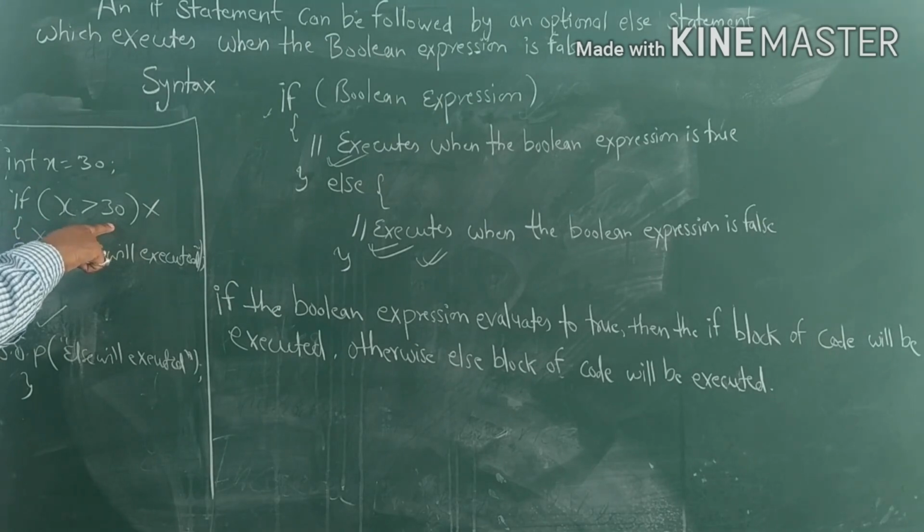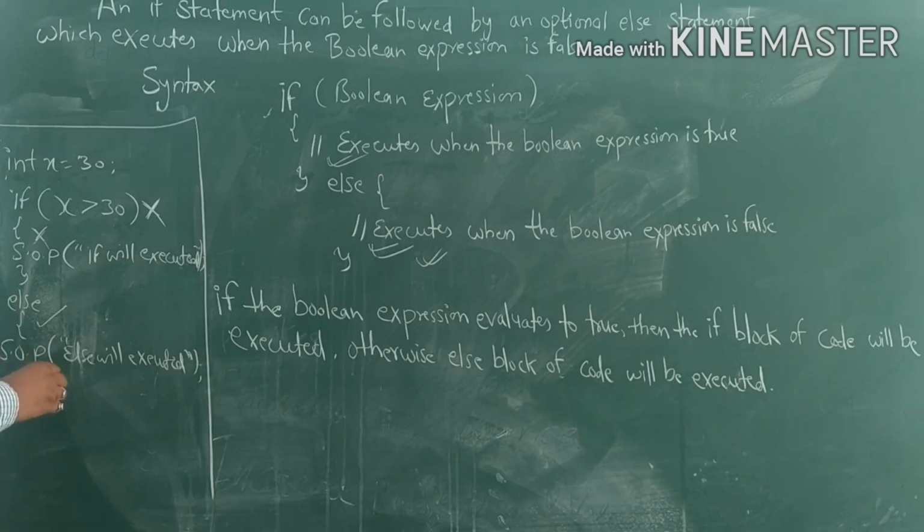So we will see that the condition is false. Now the statement within the if will not execute. So the compiler will execute the statement within the else condition. Okay, so the output will be that else will execute.